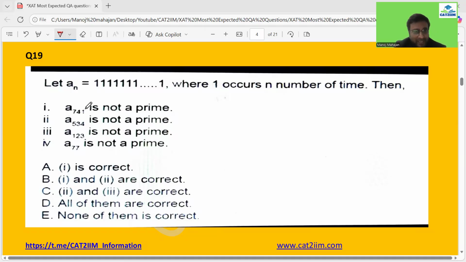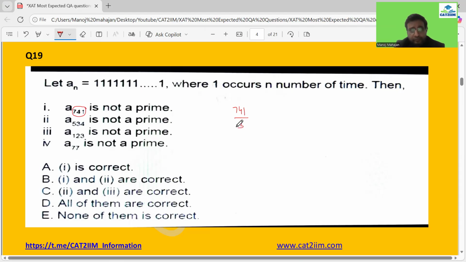If you look over here, the options were pretty easy and people were able to figure out A741, which means if you write 741 times, and you do the sum of the digits, that would come out to be 741. Can you understand the divisibility rule of three, which you must have used in your problems also? So this number is divisible by 3.